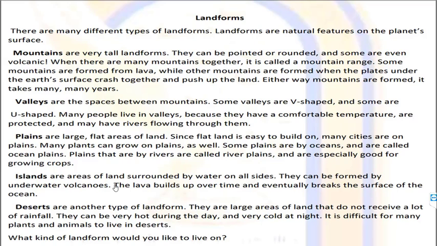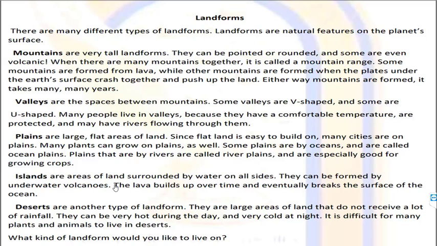Whenever reading the first and the final paragraph, you will definitely get to know the purpose or the main idea of our text, of our lesson, of the reading task. The heading or the title of the lesson is landforms. There are many different types of landforms. Landforms are natural features on the planet's surface.